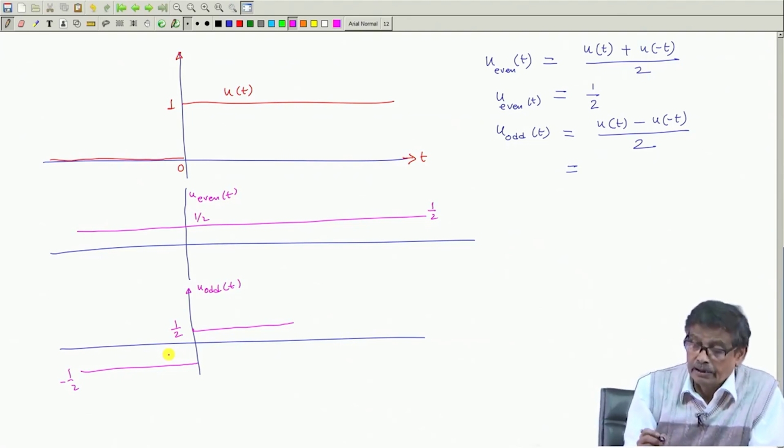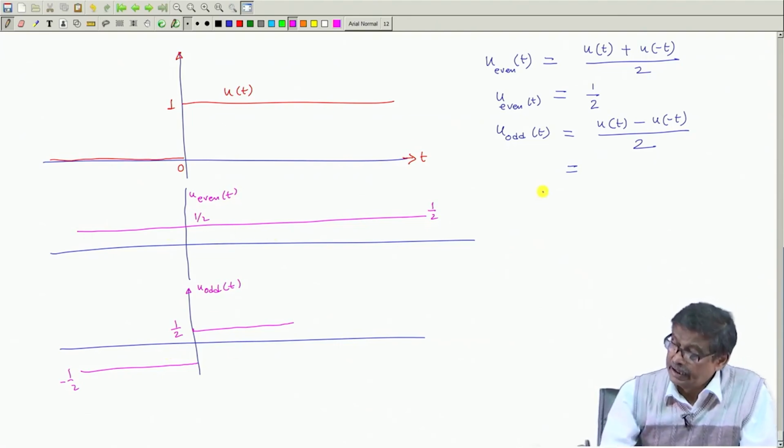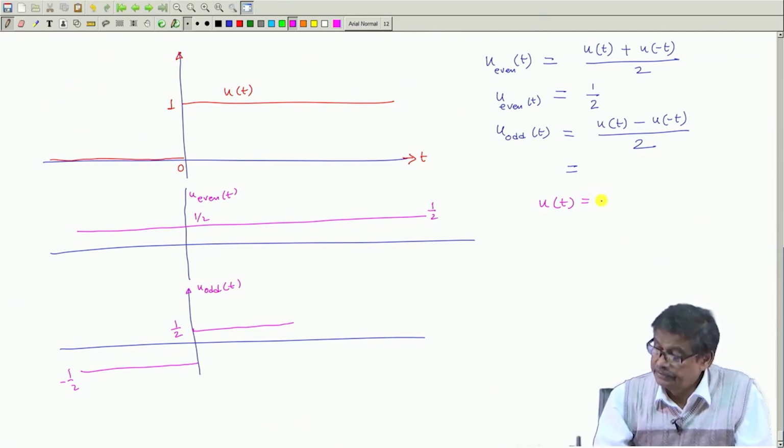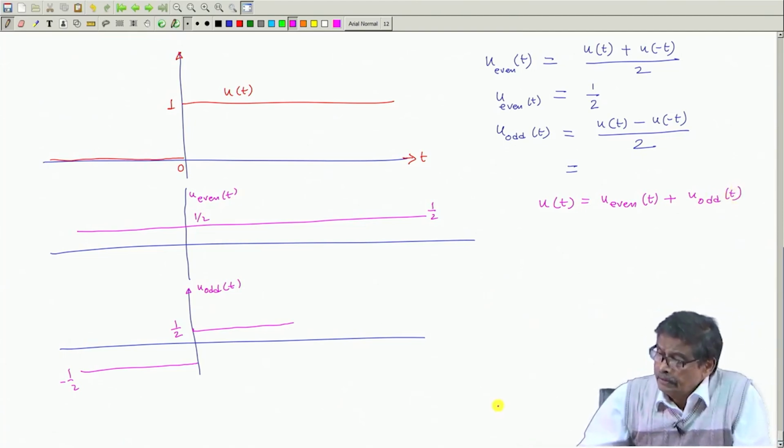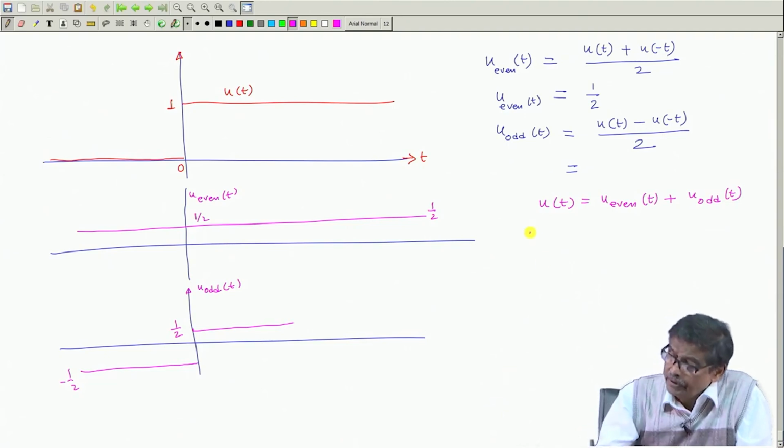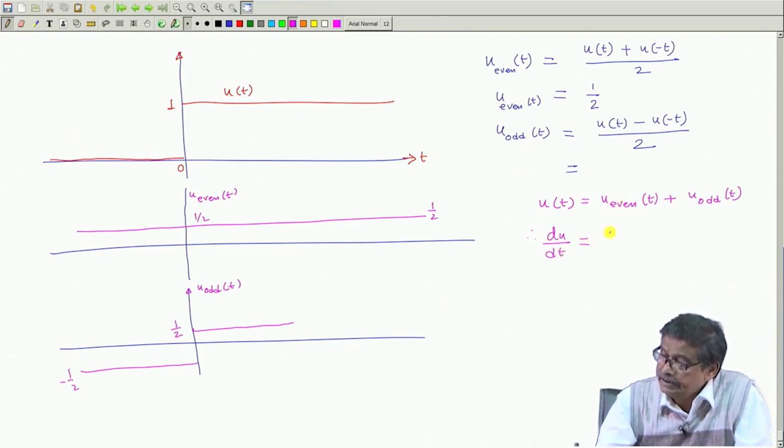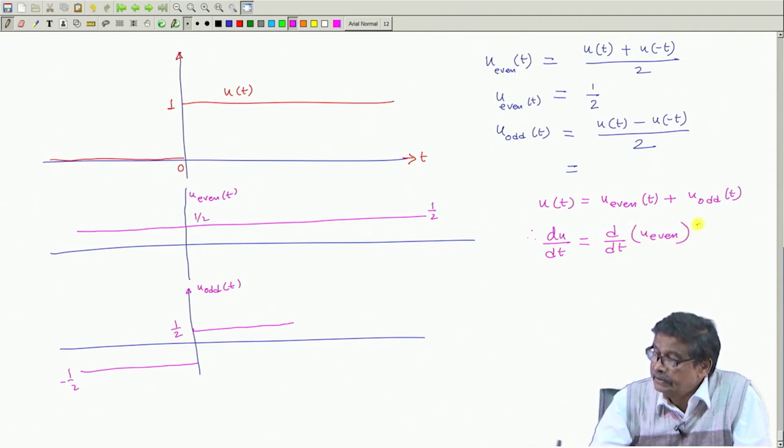So, I will write that u(t) is therefore equal to this curve plus this curve, that is u even(t) plus u odd(t). Therefore, du/dt will be equal to d/dt of this u even plus d/dt of this u odd.